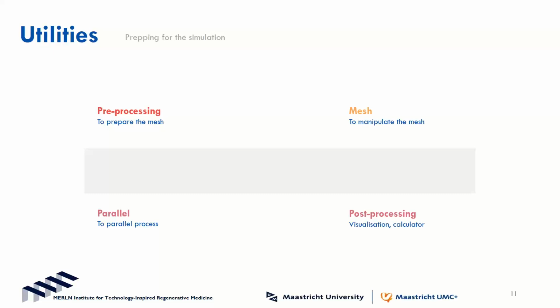And then you also have visualization and a calculator included in OpenFOAM. It is kind of a whole package where you can go from point 0 to your endpoint without leaving the software. And the OpenFOAM guide itself has a very nice description of each of the utilities that are available under each of these branches.